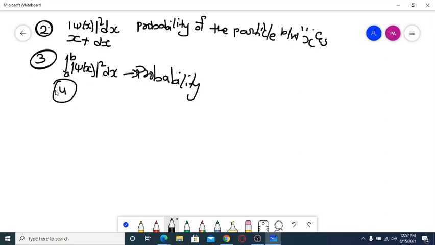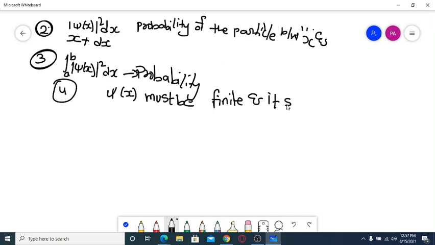Now the fourth important property of the wave function is that psi of x must be finite, and it should be continuous.